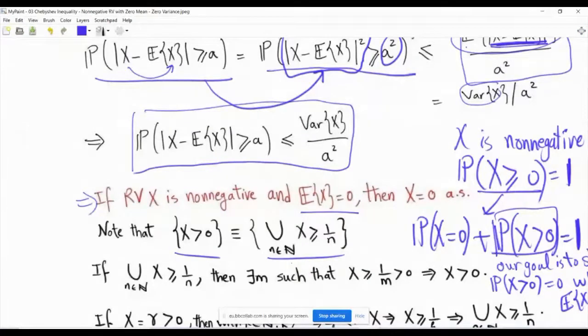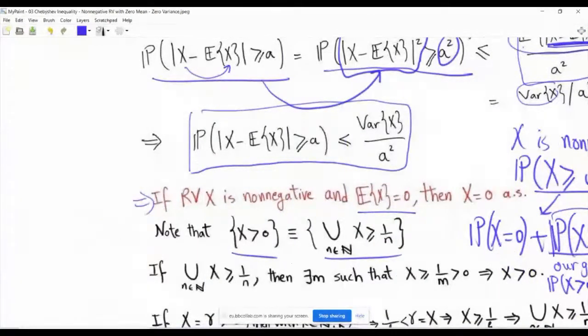So why is this true? You need to show that these two events are the same. Suppose there exists m, a natural number, such that x is greater than or equal to 1 over m.